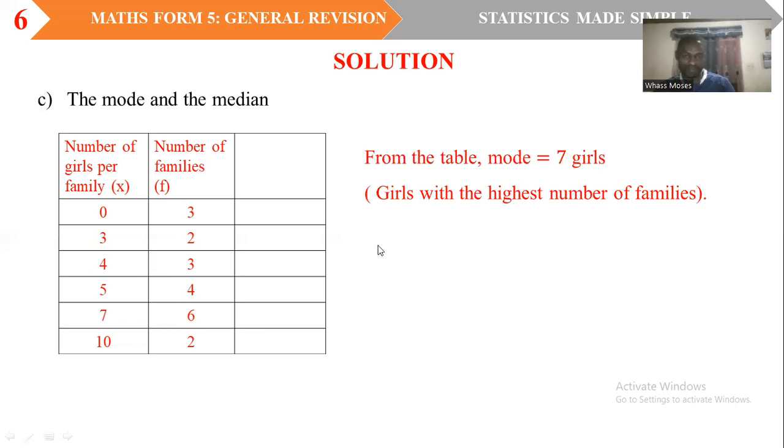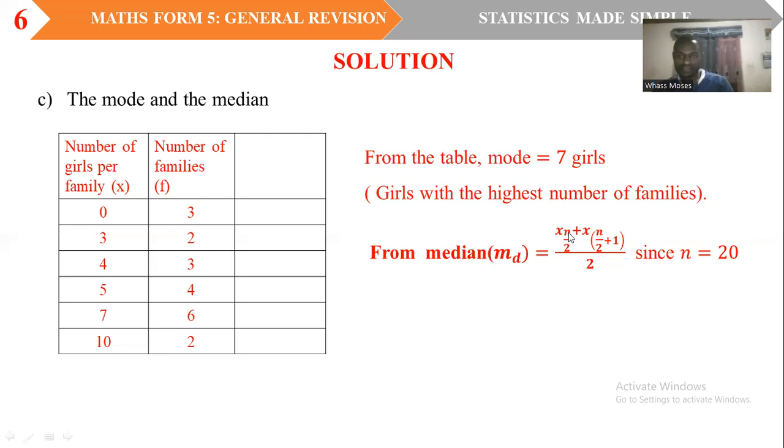Next, the median. For the median, we had already calculated the total number of families, and we had obtained 20, and 20 is an even number, which means that from the formula of the median, we use the formula corresponding to the situation where n is even.